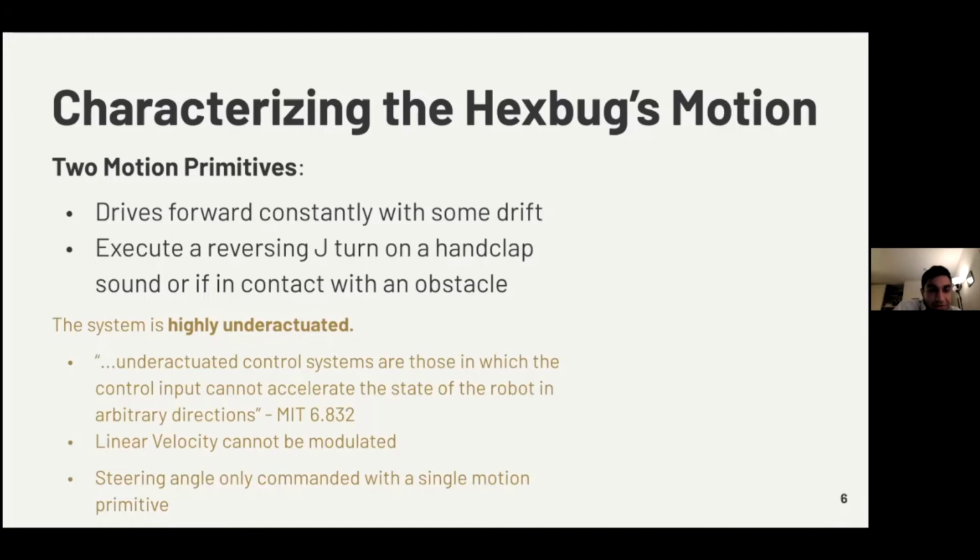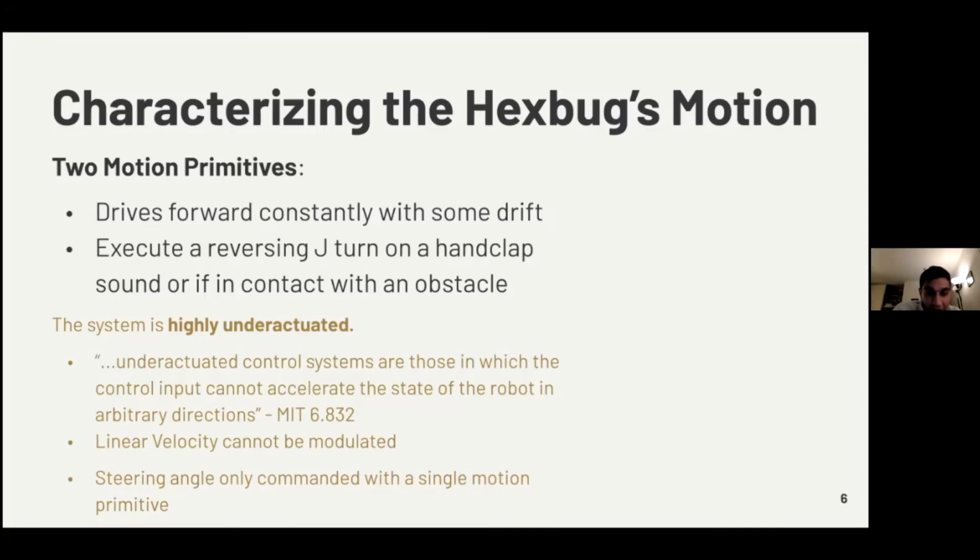What's important to note about the system is that it's highly underactuated. Recall that underactuated control systems are those in which control inputs cannot accelerate the state of the robot in arbitrary directions. In this case, not only can we not accelerate the robot in arbitrary directions, but even control over the linear velocity cannot really be modulated.